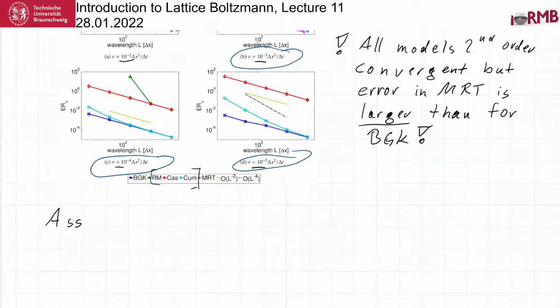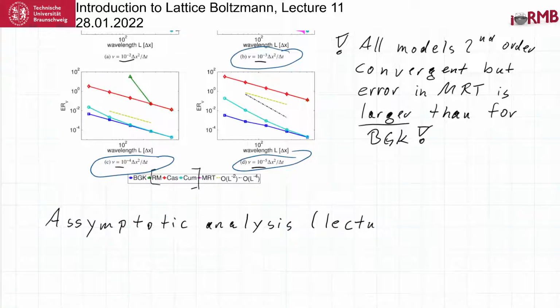And this is a bit complicated thing. We have to go back to the asymptotic analysis, which you find in lecture 6, of course. And we do this to second order.